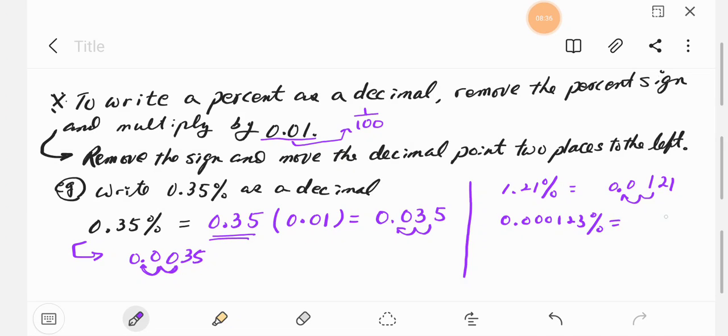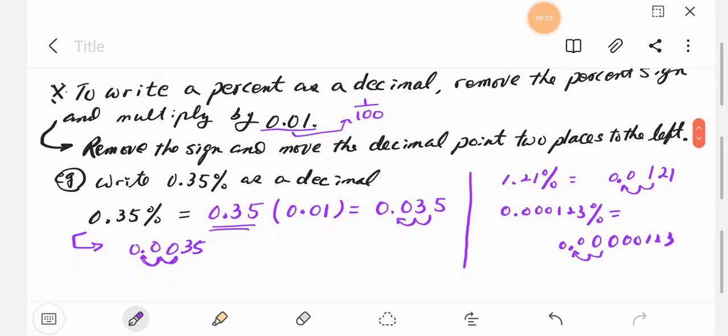Then move the decimal point 2 to the left. Oh my god, so many zeros, isn't it? So the decimal point was over here, right? Over here. So I'm going to move it 2 to the left. 1, 2 decimal places to the left. So this one should be equal to this. All right.